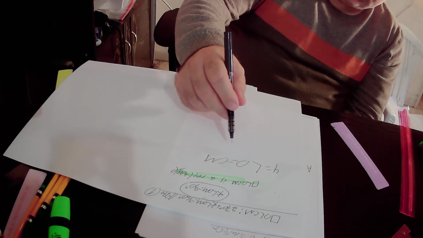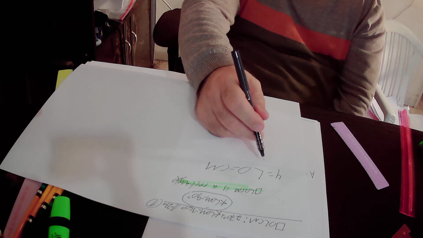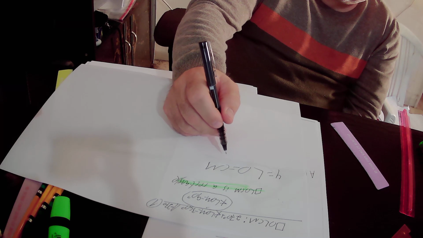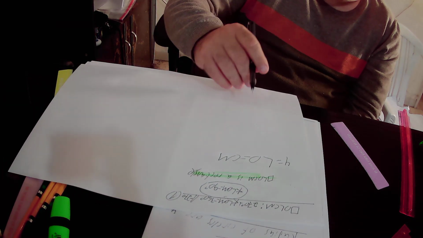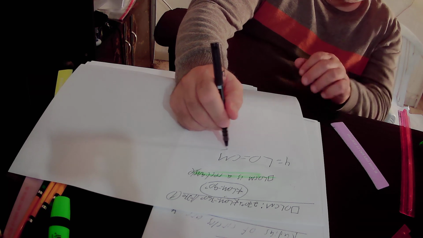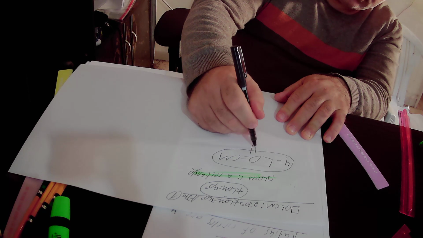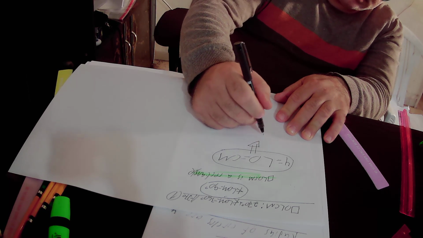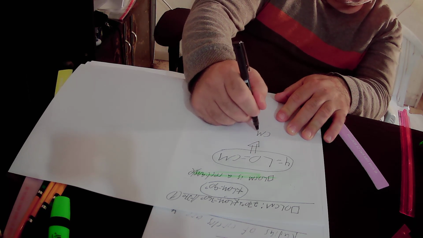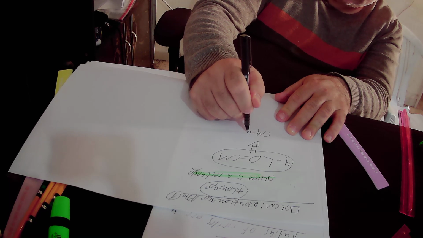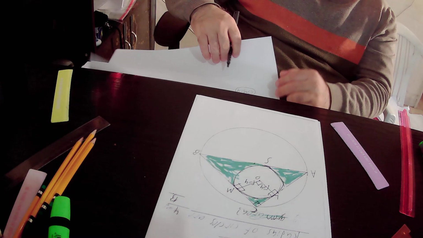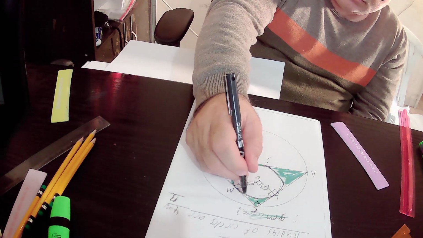And from this equation, 4 equals NO equals CM, we will derive that CM is also equal to 4 units. Yes, CM equals 4 units. So I can write down here that CM equals 4 units.